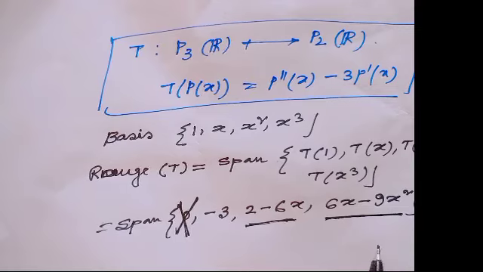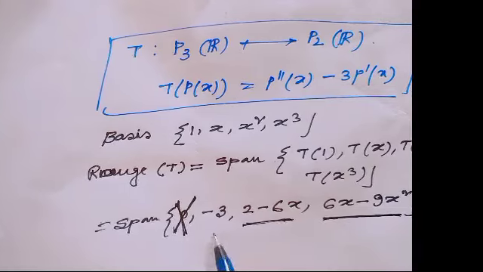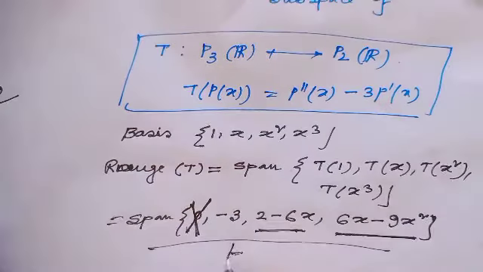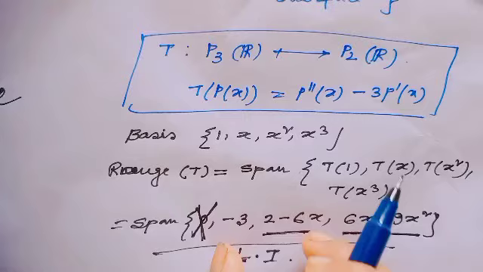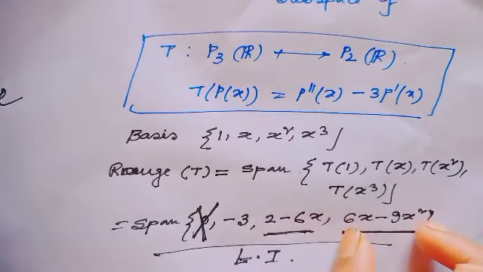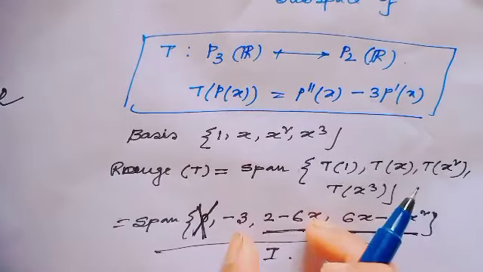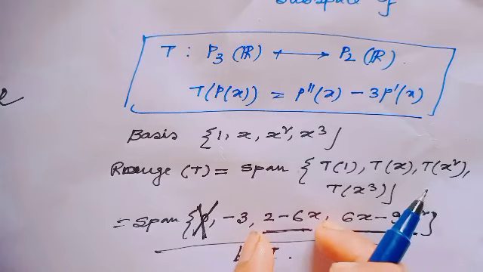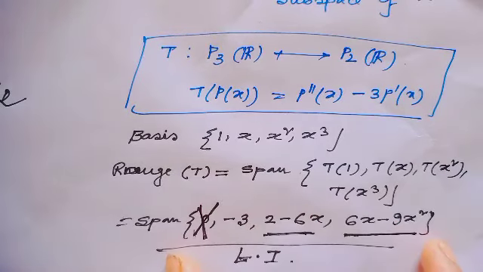And here notice one interesting thing: these three vectors are linearly independent, because if we take two of these vectors, the third vector cannot be a combination of those two. So obviously these three vectors are linearly independent.